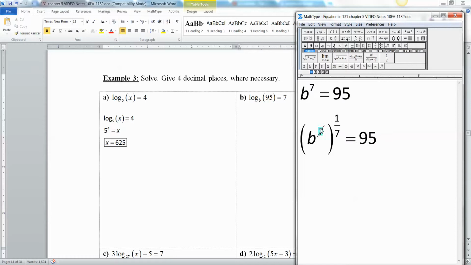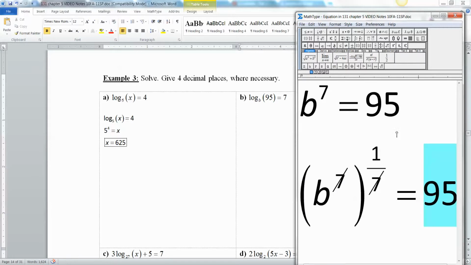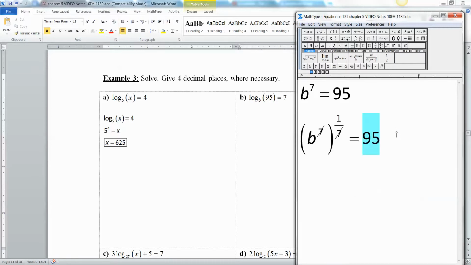This will disappear, and so will this, and things will be grand. It's technically the 7 on the bottom. But if you do it to the left, you have to do it to the right. It's called exponentiation. You're exponentiating both sides. You're raising both of them to the same exponent.